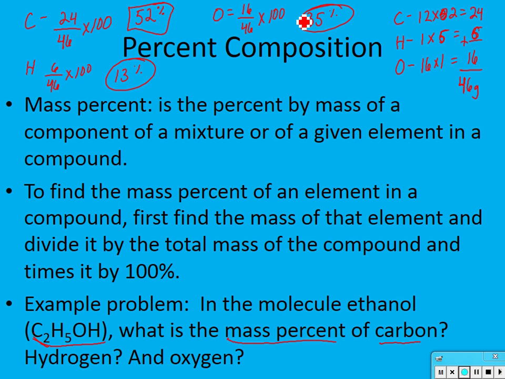What you'll notice in the end is that it should add up to 100%. So if we took 52, added that to 13 and 35, that should add up to 100%. And it does. So that's very easy. Mass percent, or I call it percent composition.